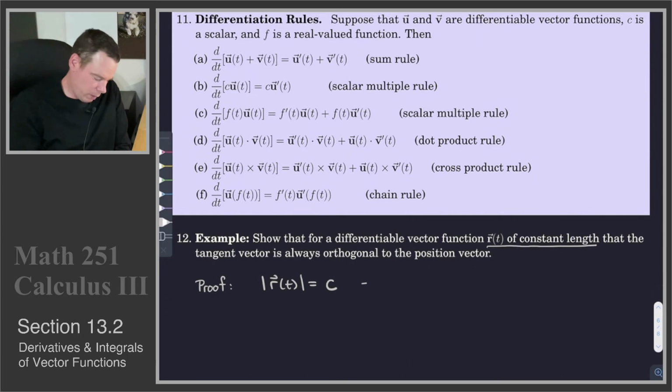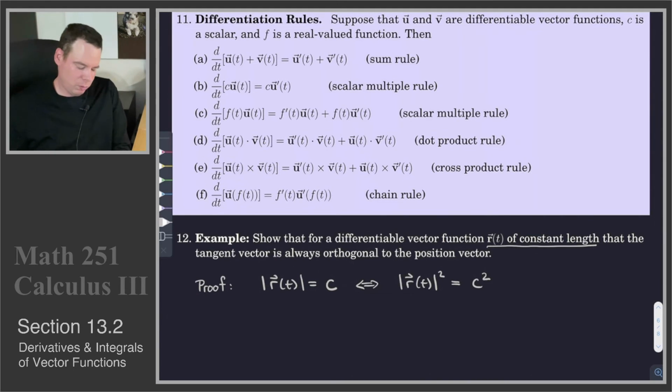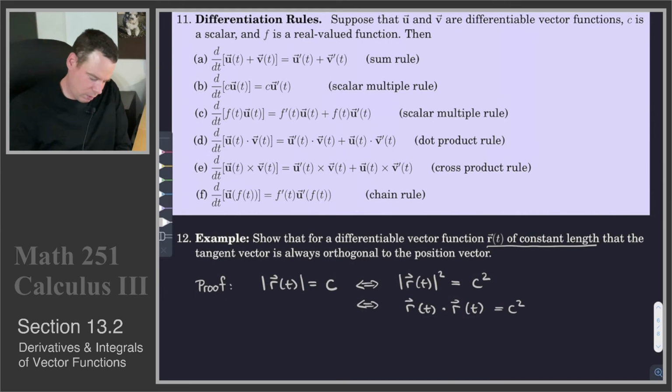If I square both sides, then the square of the magnitude is constant, but the square of the magnitude is the dot product of r with itself. So that's the first equation that I'm going to really use. r dot r is equal to c squared.